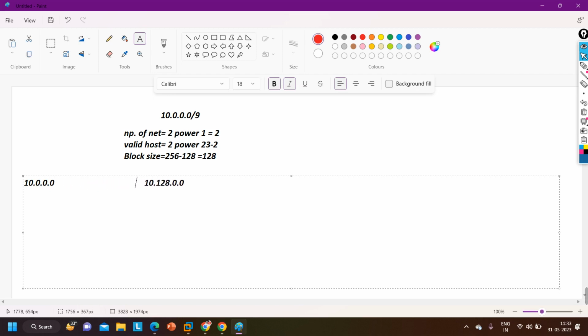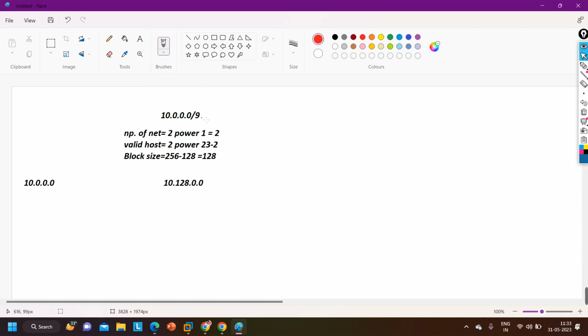Can you explain how the number of networks is 2 power of 1? See, /9 means in the first octet all bits are 1, and in the second octet 1 0 0 0 0 0 0 0, like this.